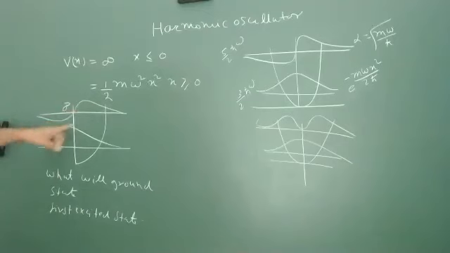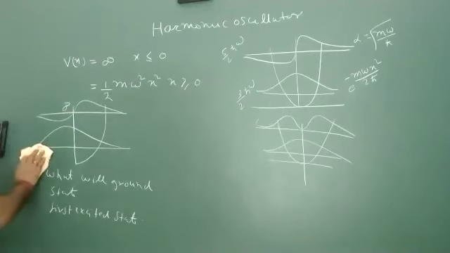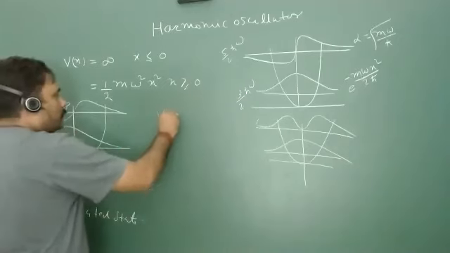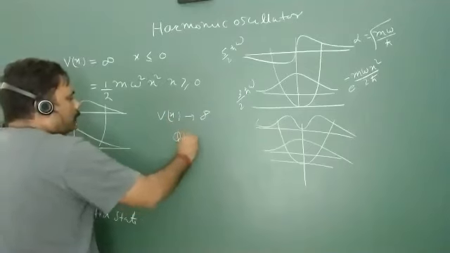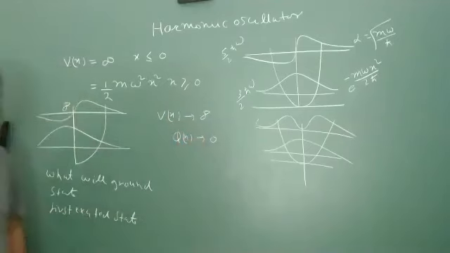Now, what is the real problem here? What is the difference between these two things? The difference is that in this region you have infinite potential. Whenever you have infinite potential, the wave function is zero. You know that when V(x) tends to infinity, psi(x) tends to 0. We have already proved it.